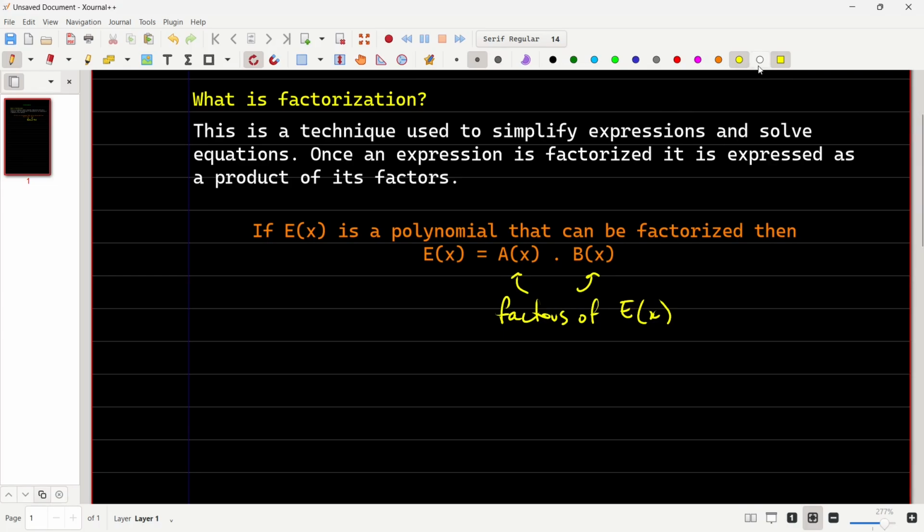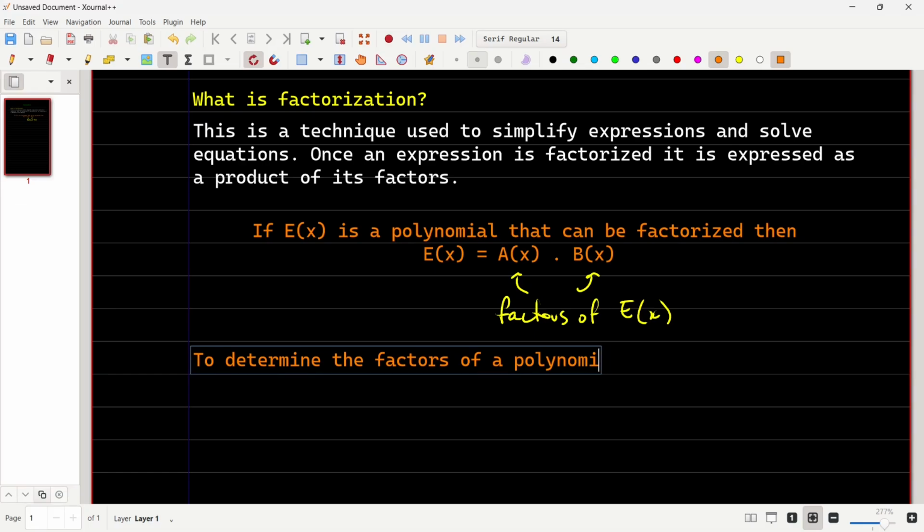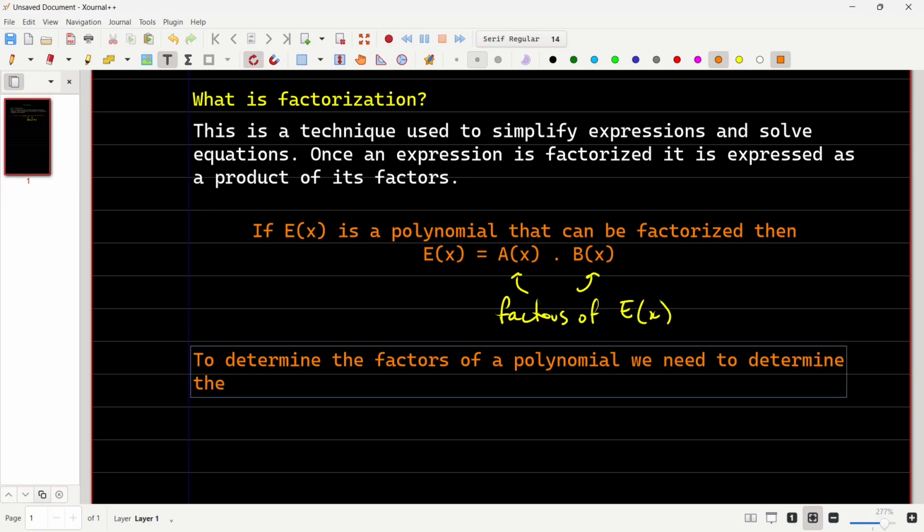So put here this, and we can say to determine the factors of a polynomial, we need to determine the highest common factor of the terms of the polynomial.